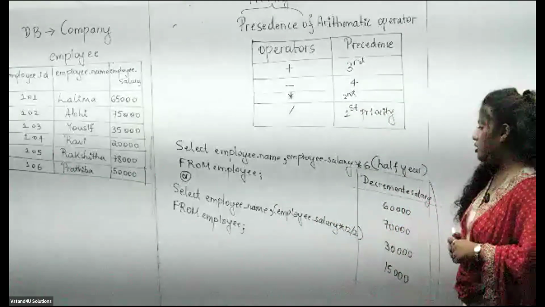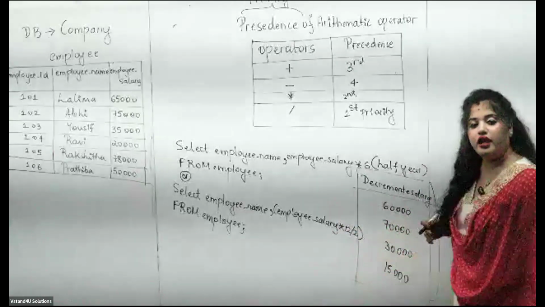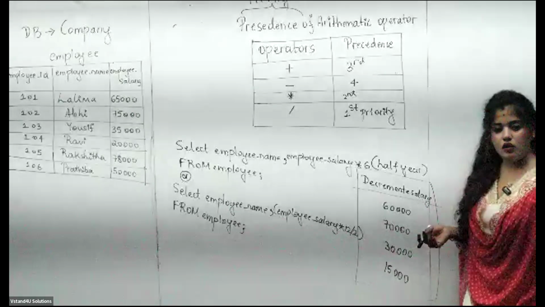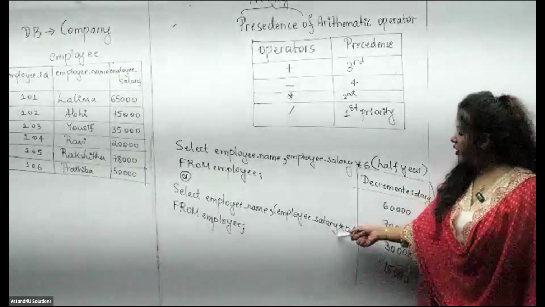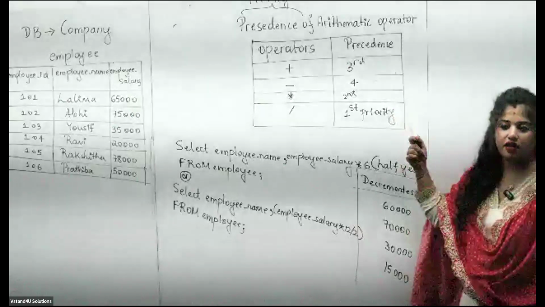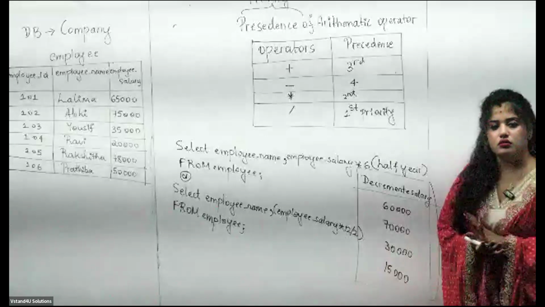So however I do, I will get the answer. Either you do 12 by 2 into annual salary, that is also the same. So according to this, first it will get divided, then multiplied. Clear? Yes or no?